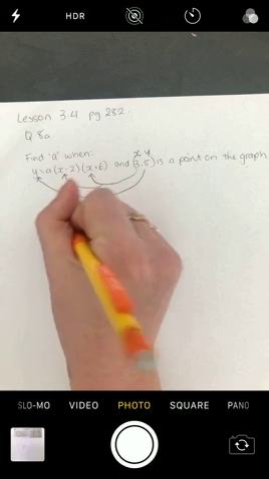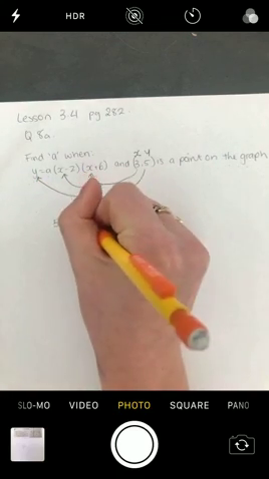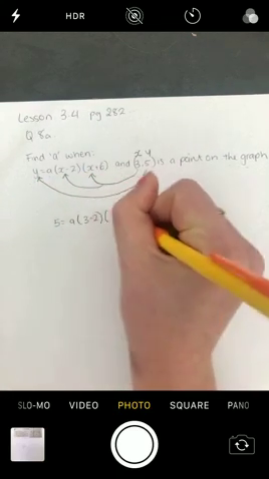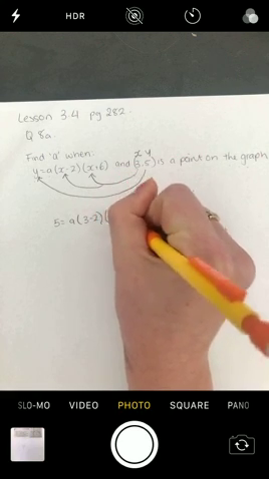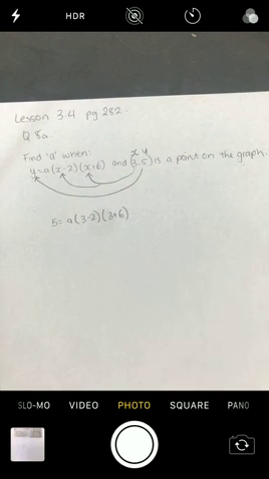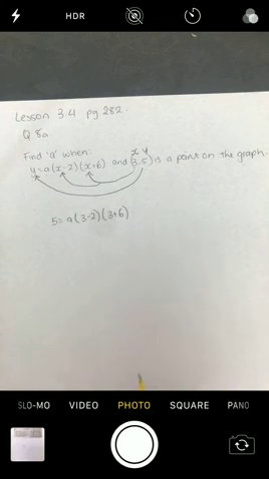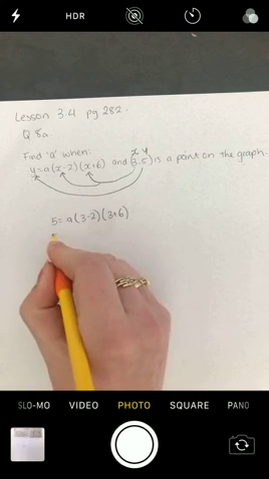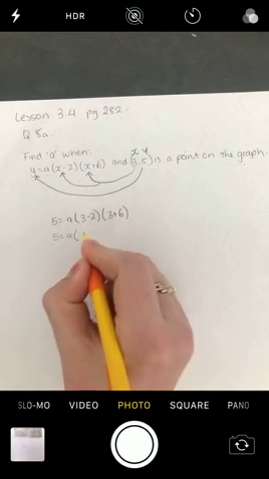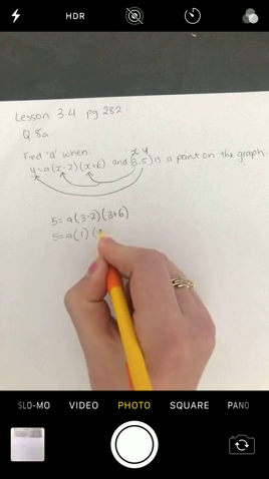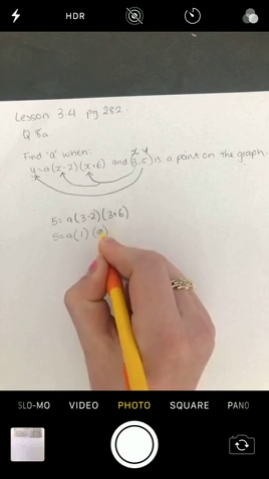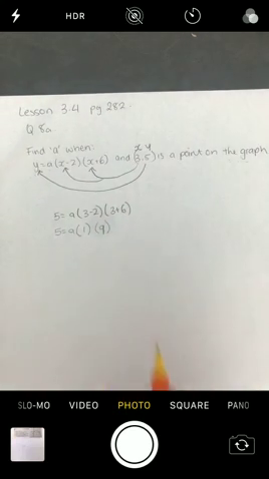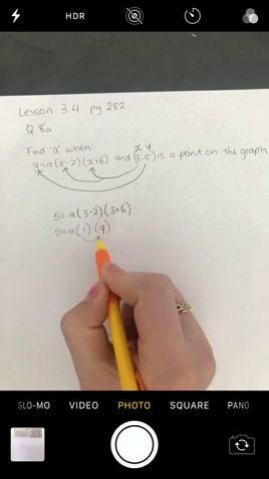So 5 equals a(3 minus 2)(3 plus 6). Now that we only have one unknown, we can solve for that one unknown. So we would solve inside our brackets first. All right, and then we're going to multiply our brackets together.